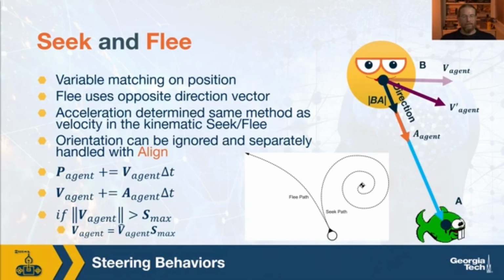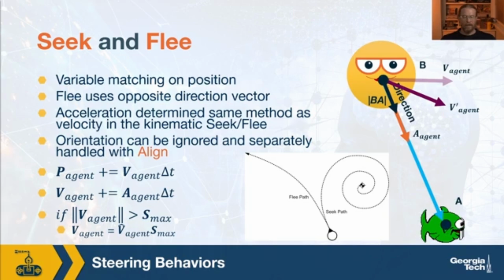So we're going to determine our acceleration. And that's going to be the same as how we determine velocity for the kinematic seek and flee. So that's just, as we mentioned before, we get the relative position vector and normalize it. That gives us a unit vector. We can then multiply that times the desired acceleration, which would normally be full speed ahead.